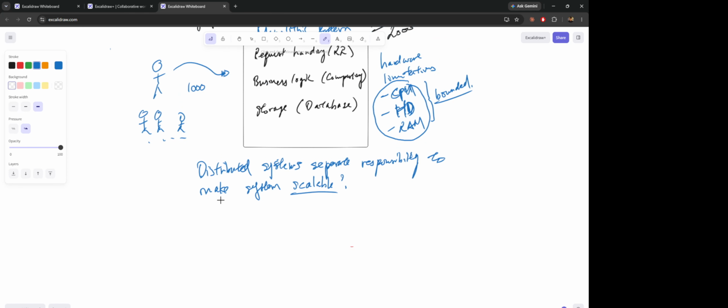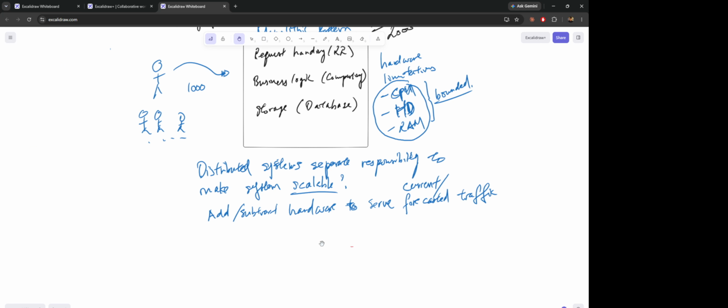Scalable means that we can easily add or subtract these hardware limitations, to serve forecasted traffic. Well, I would say current and forecasted traffic, because sometimes we want to scale up before we reach the peak. So that's what a distributed system is.